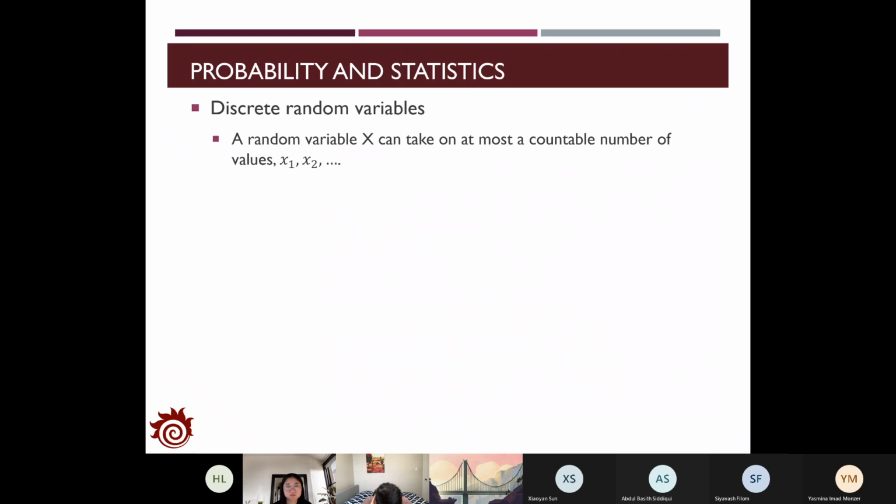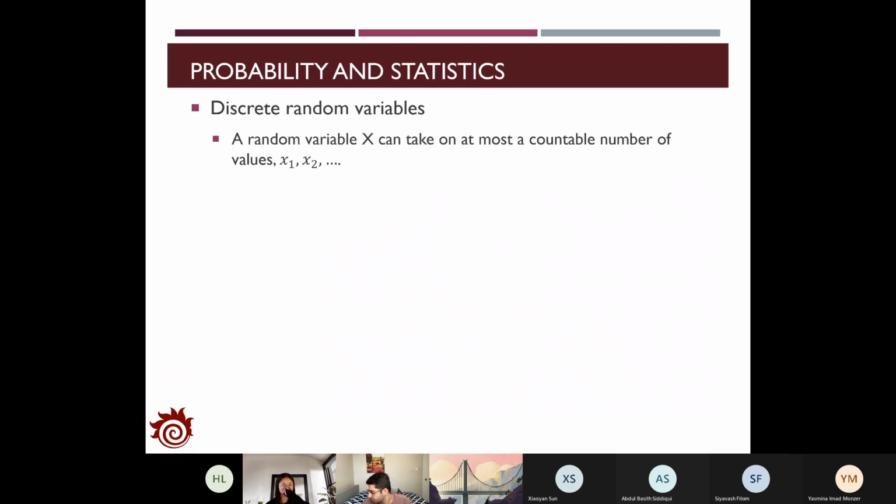The random variable could be categorized as the discrete random variable and the continuous random variable. Discrete random variables represent the possibility of one specific value that you can select from the set of the population.